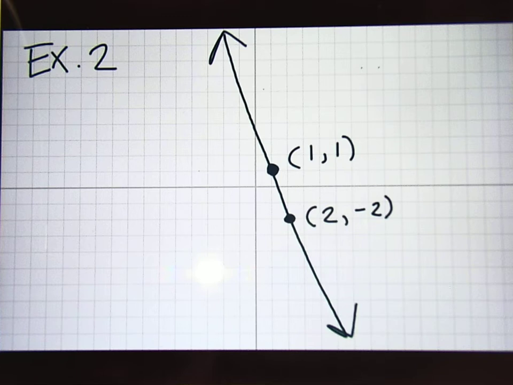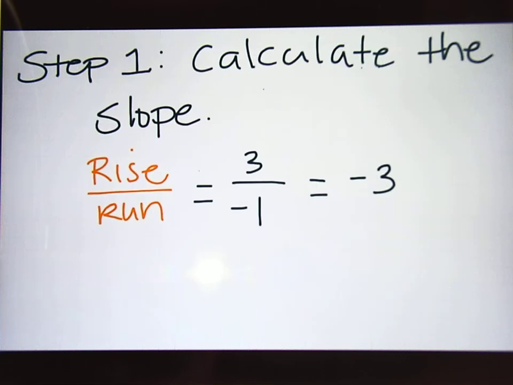We have 2 points. First point, 1, 1, and our second point, 2, negative 2. Step 1. First thing we have to do is calculate the slope. Since we have an actual graph, we can calculate the slope by just determining the rise over run, looking at if we're actually going up or if we're going down, and then determining what the run is.